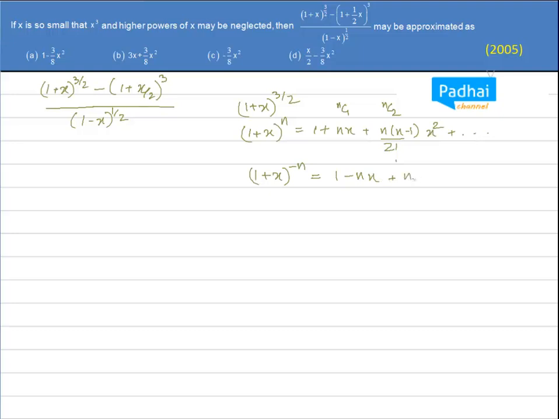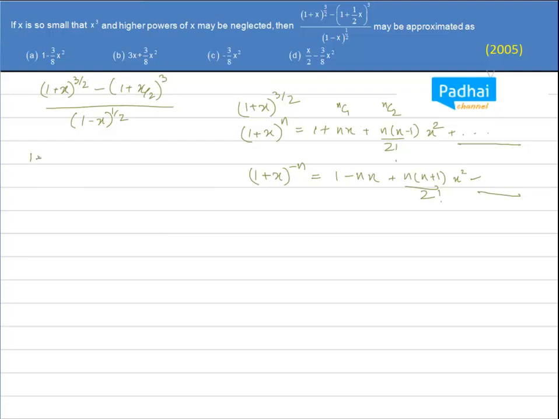Now there is a change in this: this is n into n plus 1 by 2 factorial x square, and similarly the next term will be minus. But we have already been given in the question that you can neglect the terms x cube and higher, so we are not writing down any term greater than x square in both these expansions.